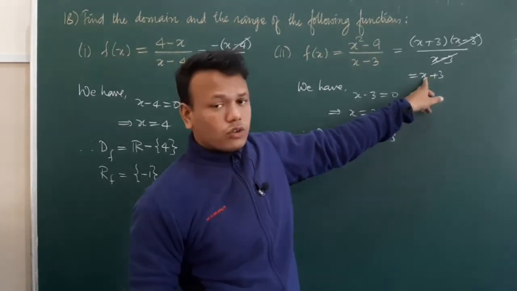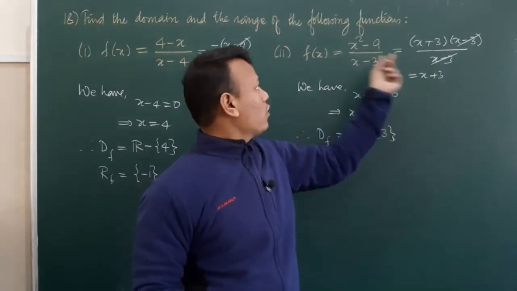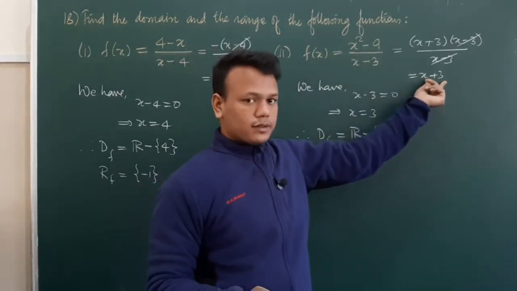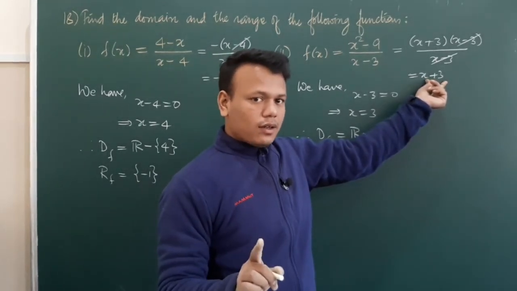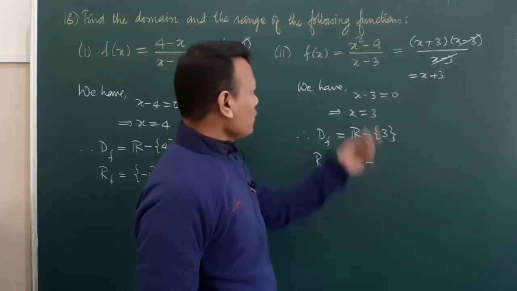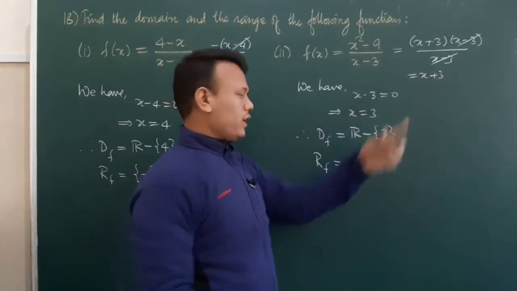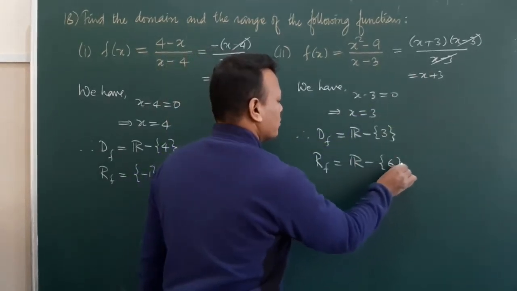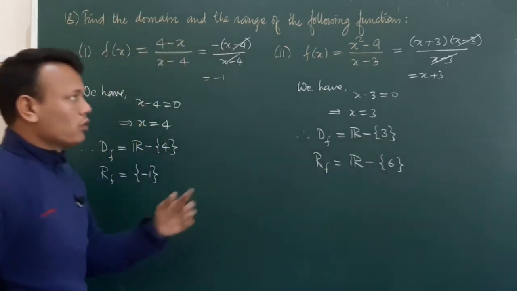But the value of x cannot be 3, because you have excluded 3. So the value of f(x) cannot be 6. But you can have any other value other than 6. So my range will be any real number other than 6. I am removing 6 from here. So my domain will be this much and range will be this much here.